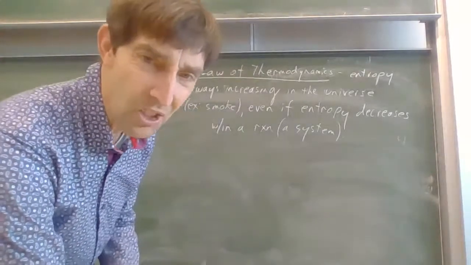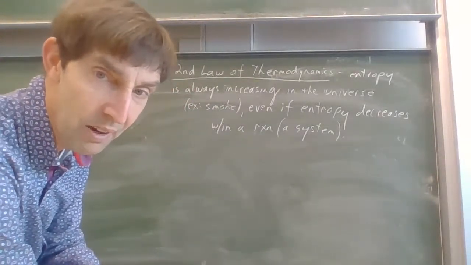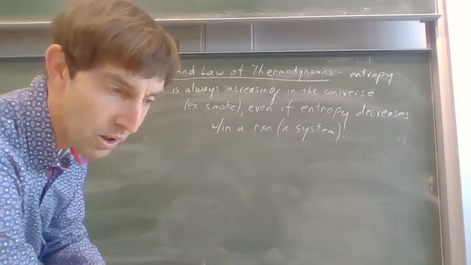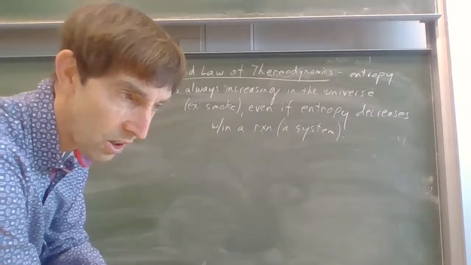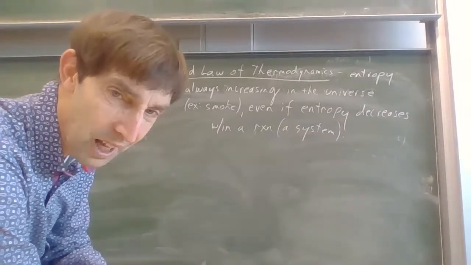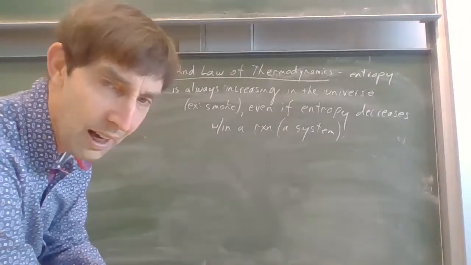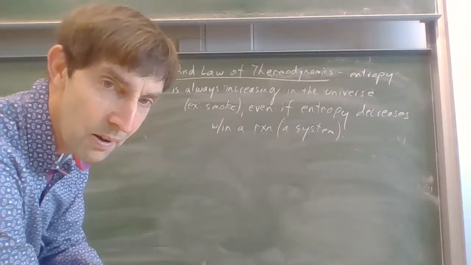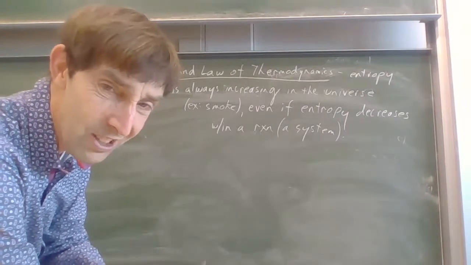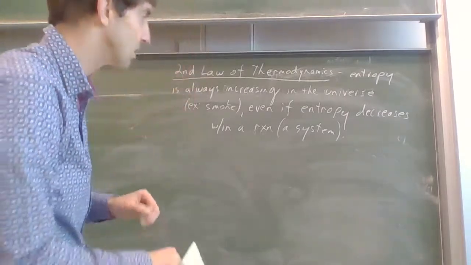So I can make something more organized, but it costs me a lot of energy and I end up giving off heat to do it. For example, I clean up my room. Okay, it's nice and orderly, but I gave off a lot of heat, a lot of energy to do that. So overall, even though the room is clean, I've given off more heat to the universe. So entropy has increased. Entropy in the form of heat. Heat's the most common form of entropy. Okay?